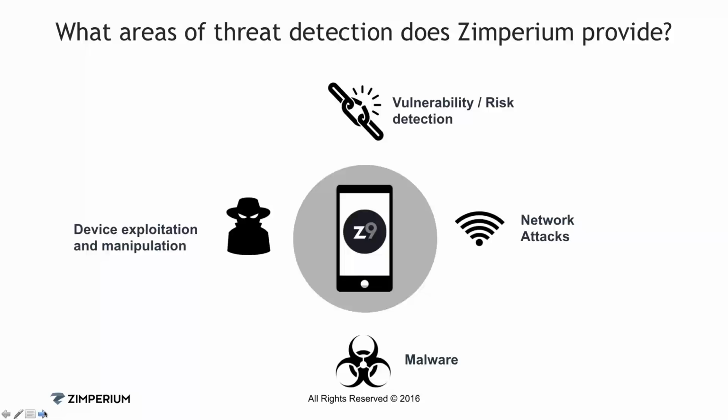That's what device exploitation is. And those are, of course, the greatest challenge, because that means that, in fact, the hacker has more access and control of your device than even you do as a user.